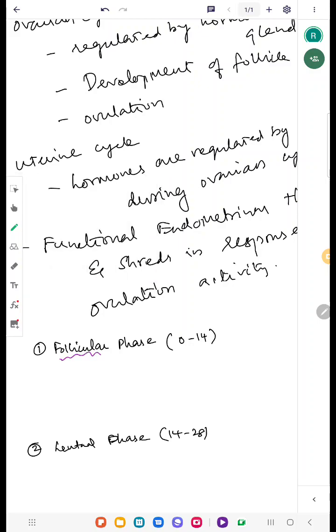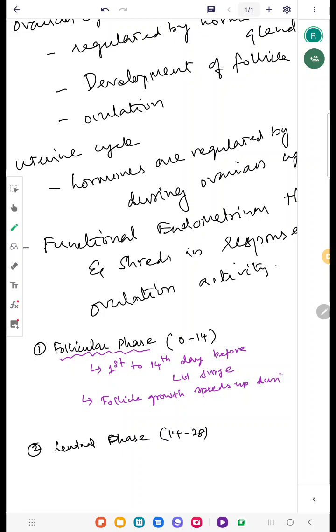Speaking about the follicular phase, it is from the first day till the 14th day, before the LH surge. In the follicular phase, the growth of the follicle speeds up during the second week of this phase.